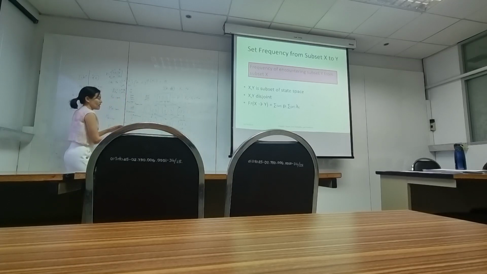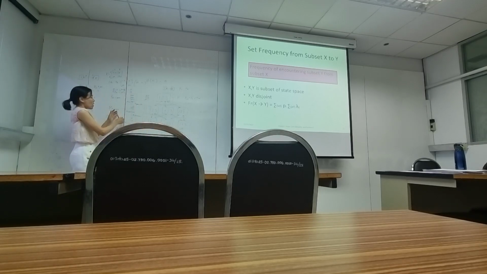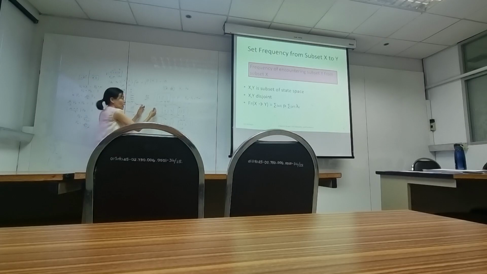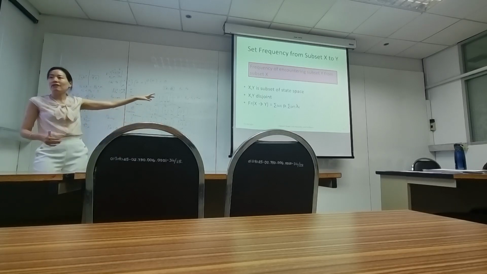Let's say we wanted to know the frequency of the generator changing from 100 to 200, and that is this frequency right here. Because for 100 capacity, you have 3 states representing that, and for 200 capacity, you have 3 states representing that. So between the subsets, frequency can take care of that too.